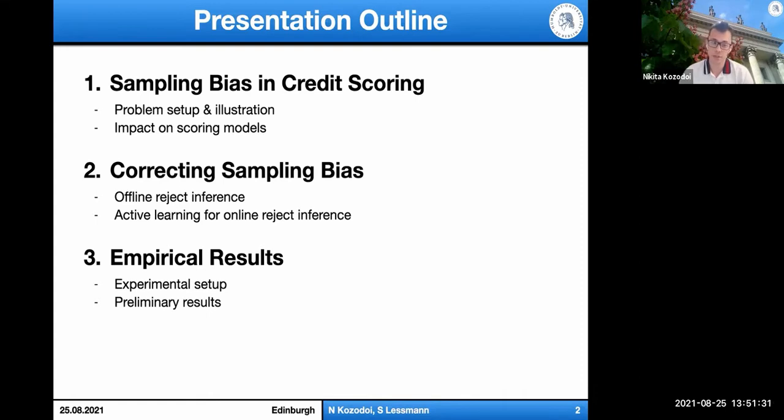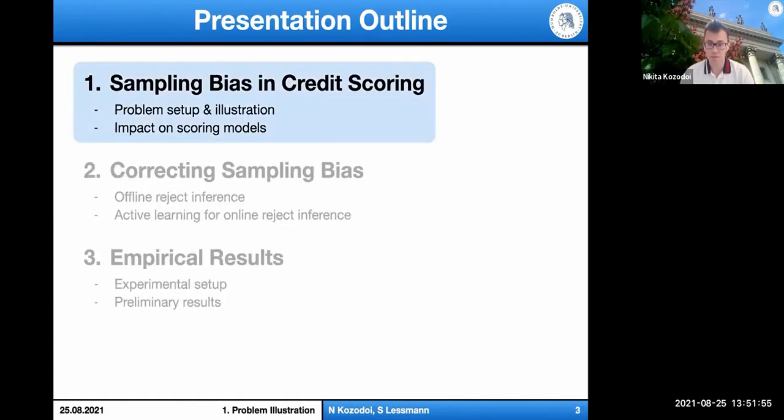And then I will talk about different ways of correcting this sampling bias with what is called traditional reject inference techniques, and about how we try to do this with active learning. And then I will move on to some preliminary empirical results that we have gathered so far on the potential of this approach. So let me just start with explaining the problem and illustrating the sampling bias.